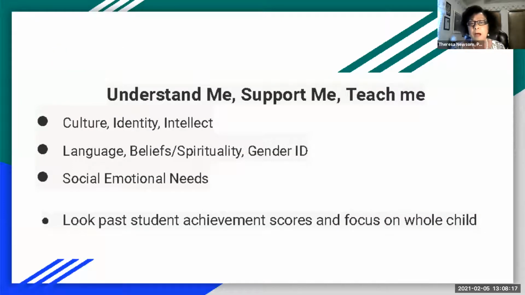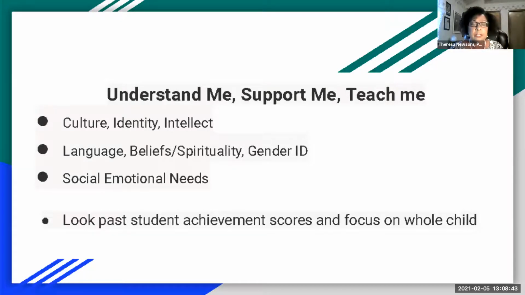I want us to think about when we find students, when we see them, do we understand them? Culture, identity, and intellect is so important, but culture for every student is a little different. It might be different from my culture. Culture is about my lived, breathed experiences. It's my history, it's my daily life.